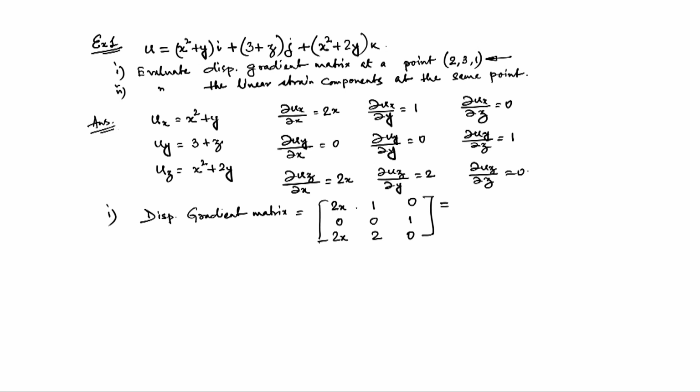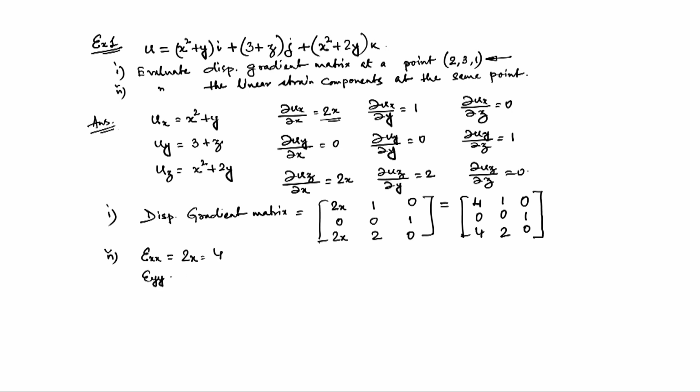If we evaluate at that point 2, 3, 1, the first element is 4, 0, 4, then 1, 0, 2, and then 0, 1, 0. So, we get the first answer. Second question, we have to find epsilon xx, which is this quantity. So, 2x, that is at the point 2, 3, 1 it is 4, right.